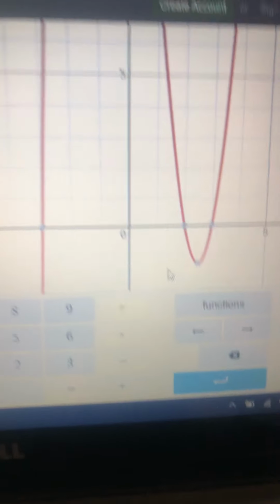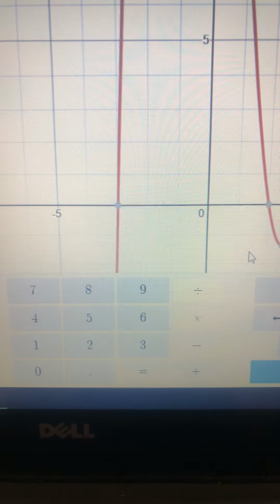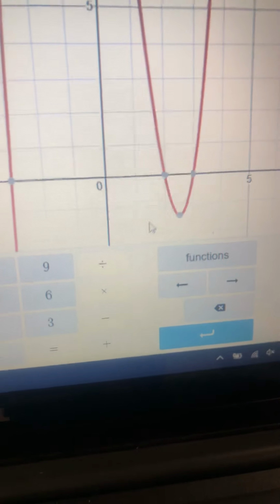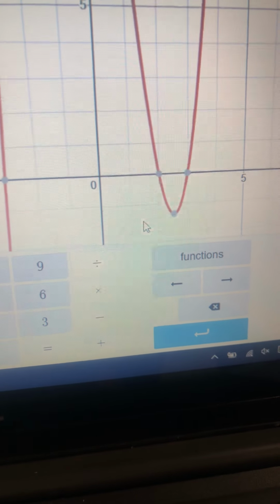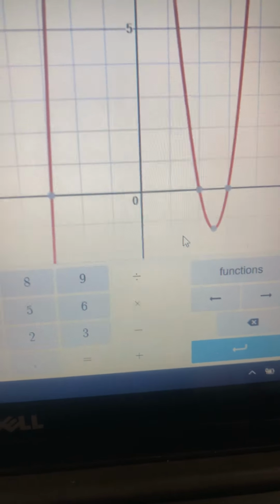Now, if you look here, it looks like I have zeros at -3, at +3, and also at +2. So here we have too many zeros. Remember, our zeros are only at -3 and 3. So that just means we're crossing at 1, 2, 3 places.